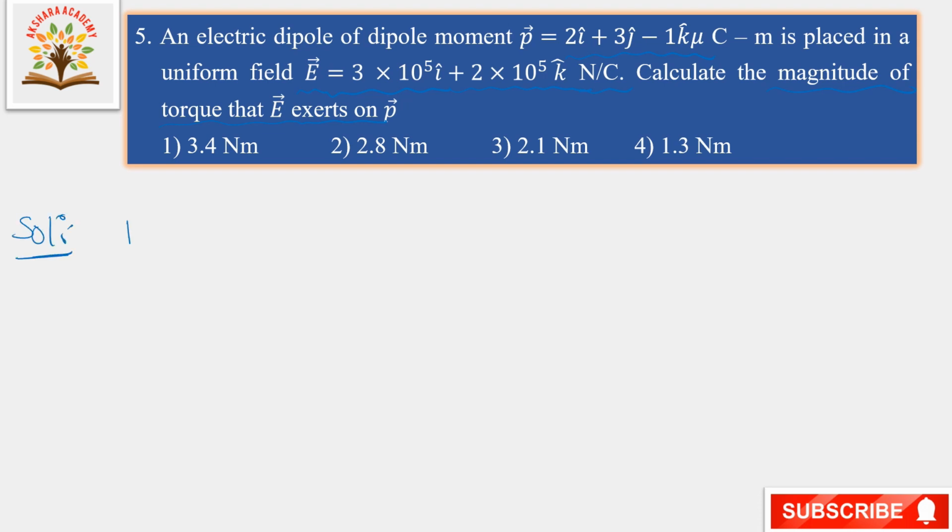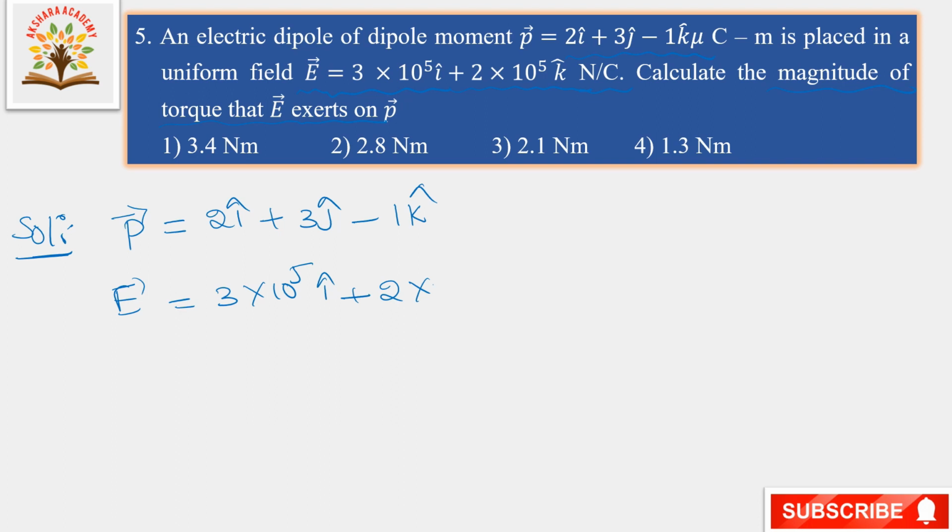Given P bar is equals to 2 i cap plus 3 j cap minus k cap, and next E bar is equals to 3 into 10 to the power of 5 i cap plus 2 into 10 to the power of 5 k cap.